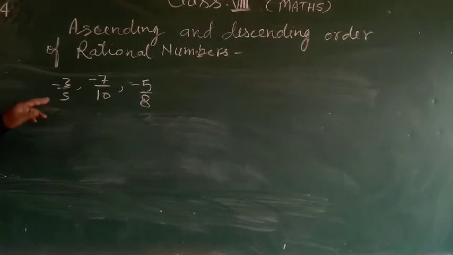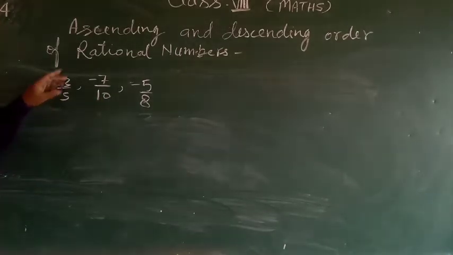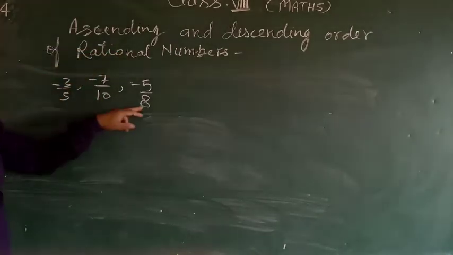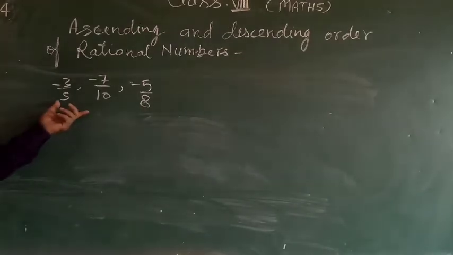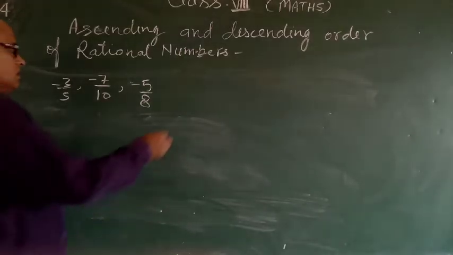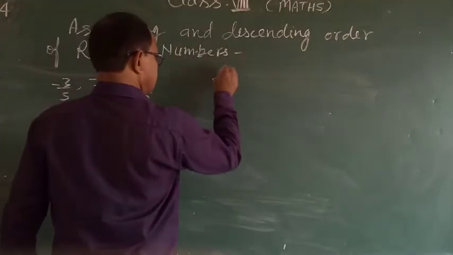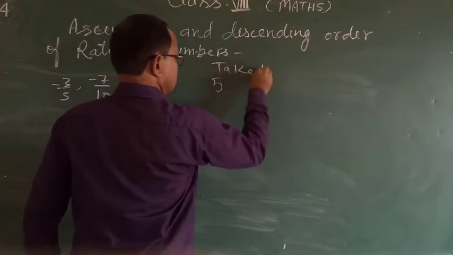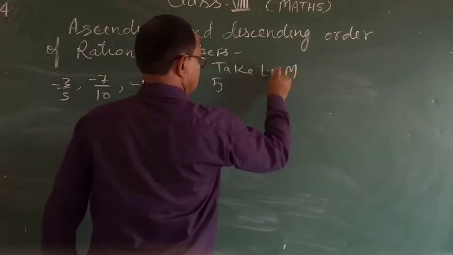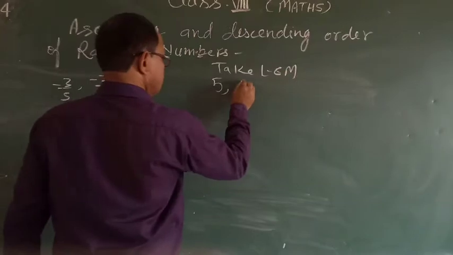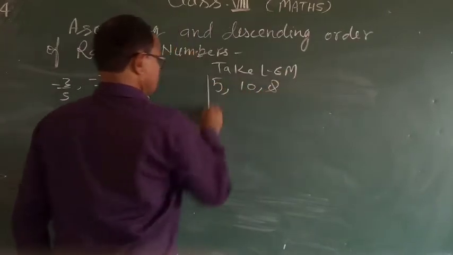Here we see that all the rational numbers have different denominators. In this case we need to take the LCM of all: 5, 10, 8.